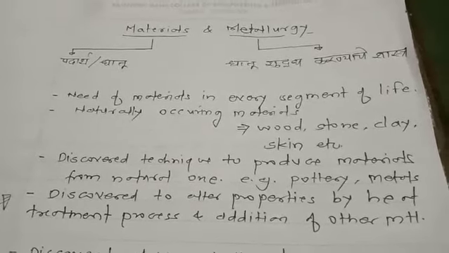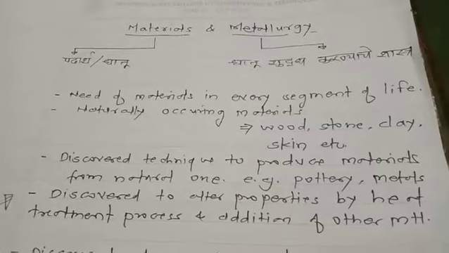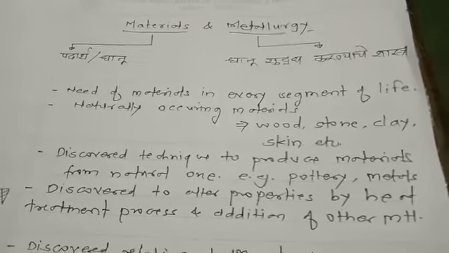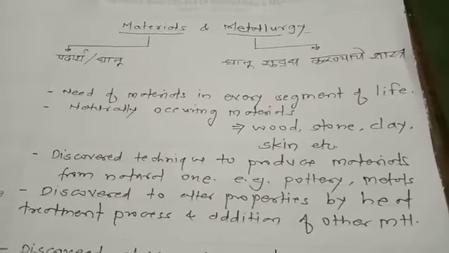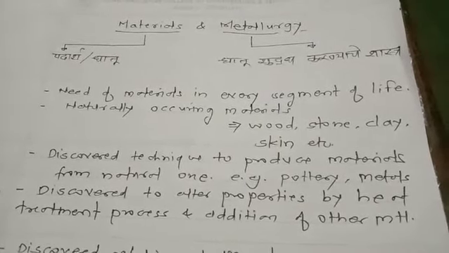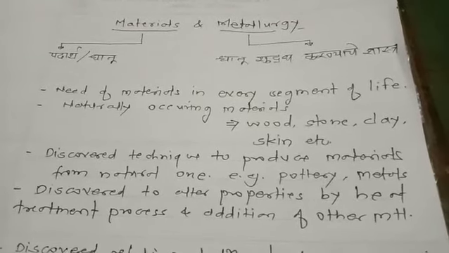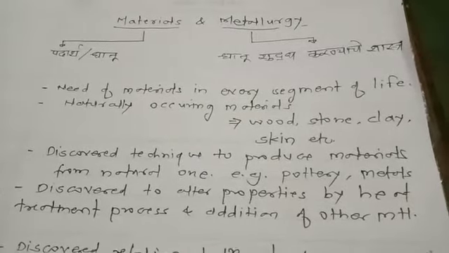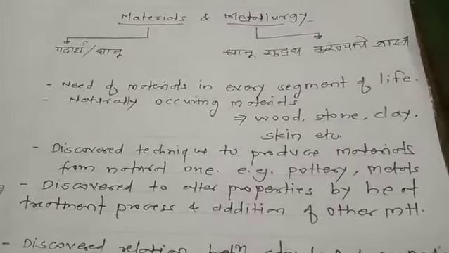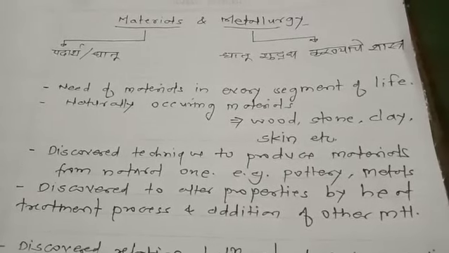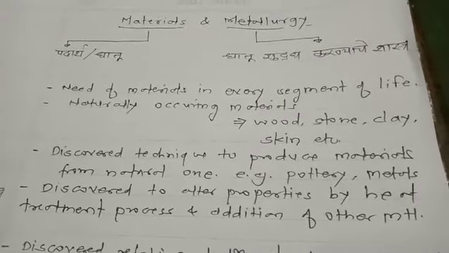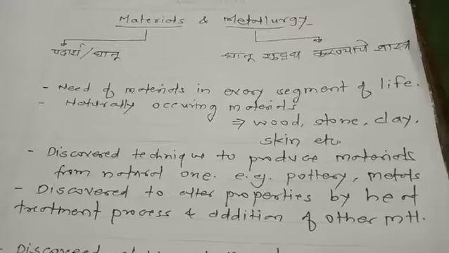Because if you have any metals or other materials, by some techniques, more importantly heat treatment or addition of another material as a secondary atom, you can alter the properties of different objects, right? So always remember the third sentence: discover to alter the properties by heat treatment process or addition of other material. And this is the basic objective of this particular subject, right?